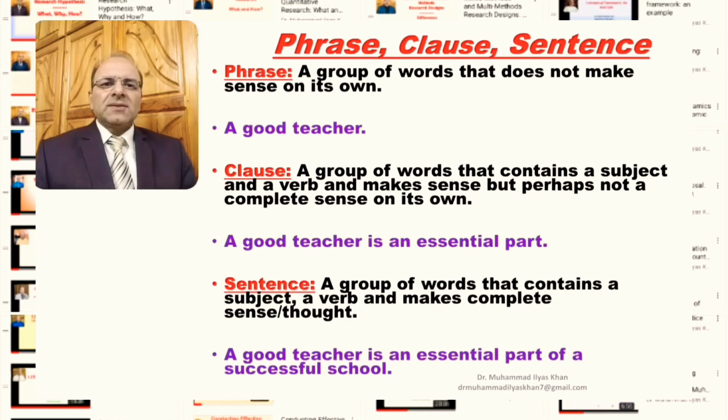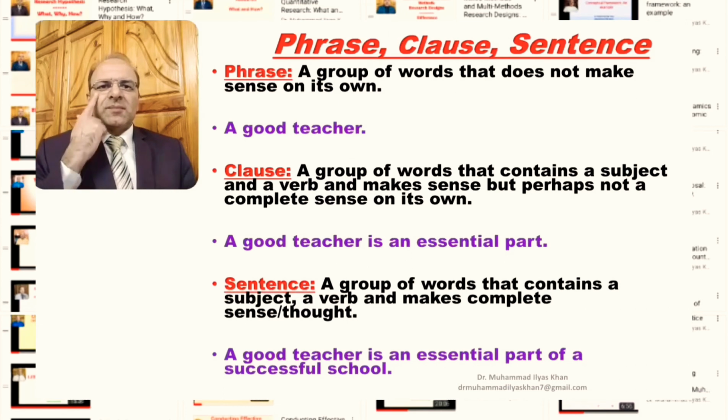A sentence then is something that gives complete sense. Here is a group of words that contains a subject and a verb, and makes complete sense or a complete thought. For example, a good teacher is an essential part of a successful school.